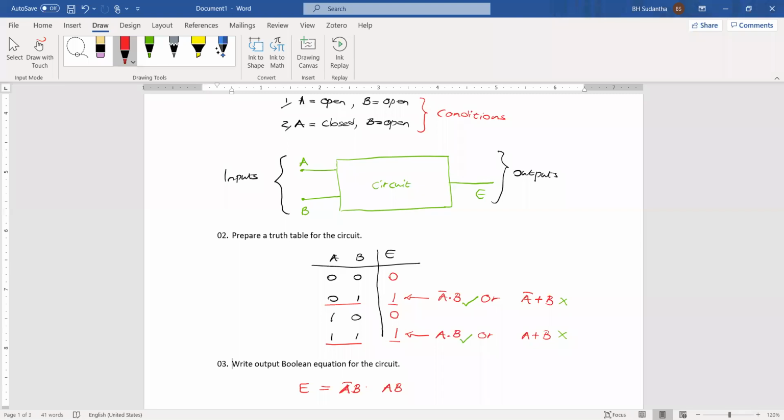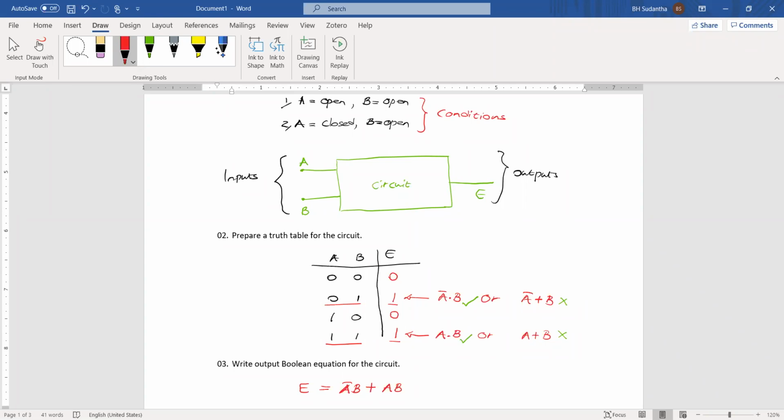Because of that, we put OR here. Why? If this one comes or this one comes, output should be 1. Then you can see here, if you put OR, then only we can check both the conditions. If either one is true, output should be true. But here it's not like that. Both should be true.